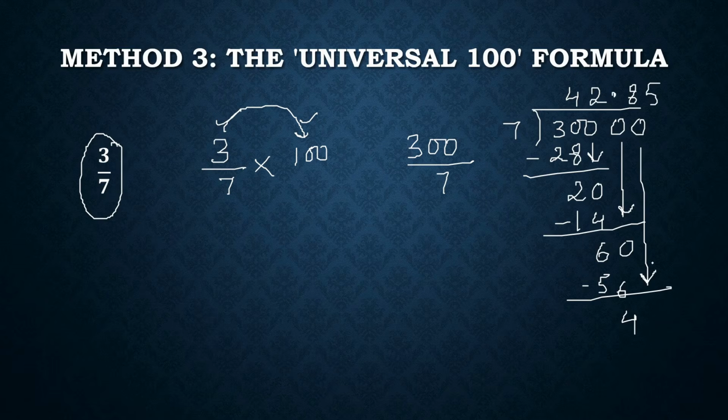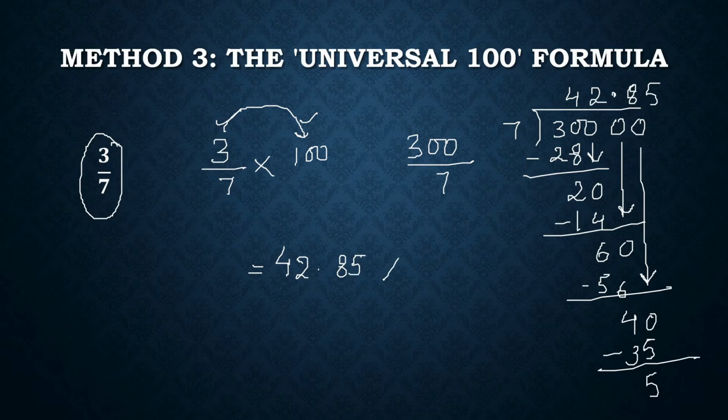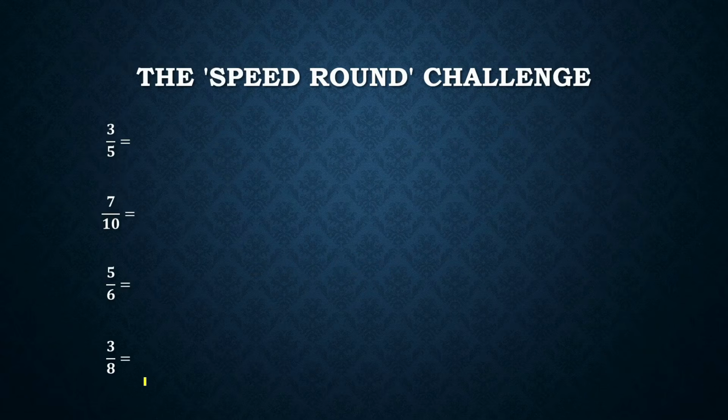Then we have 35, and then 5. As you know that the remainder is not coming 0, so we will stop our division over here and we can place the answer till 2 decimal places. So the answer will become 42.85 percentage.